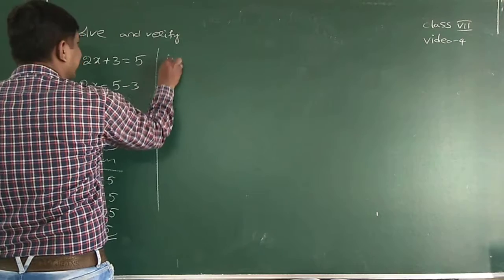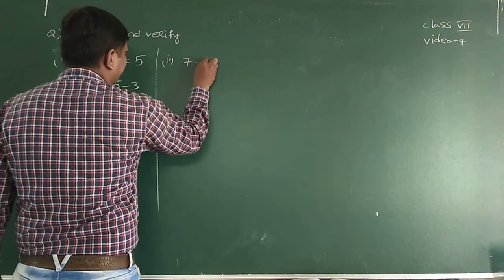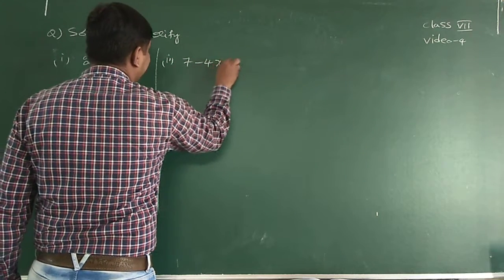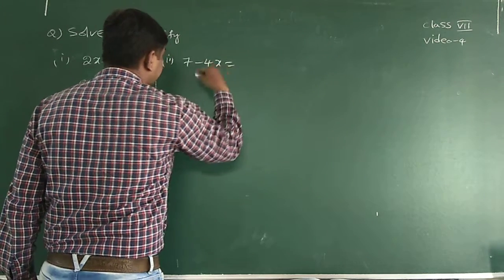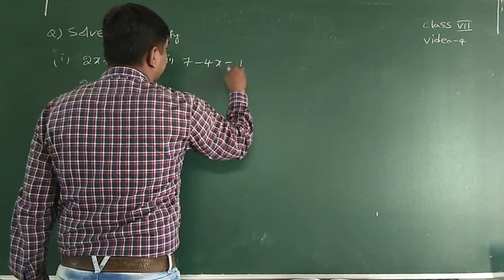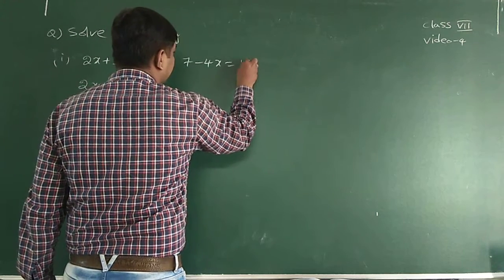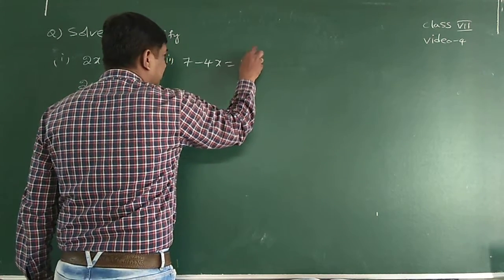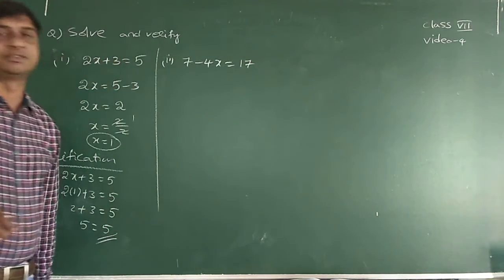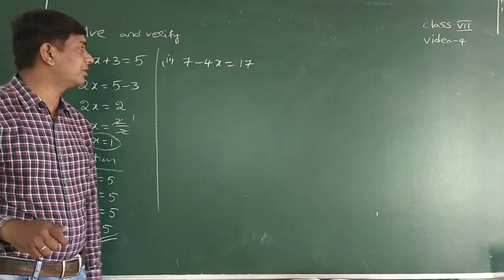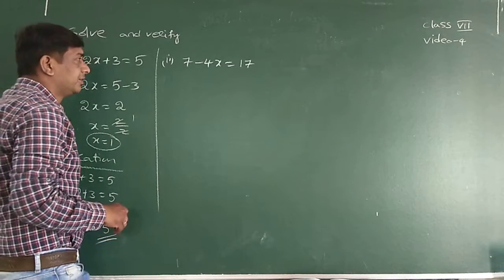And the next one is 7 minus 4x is equal to 17.